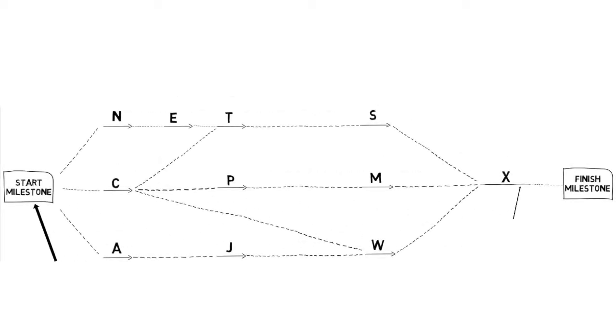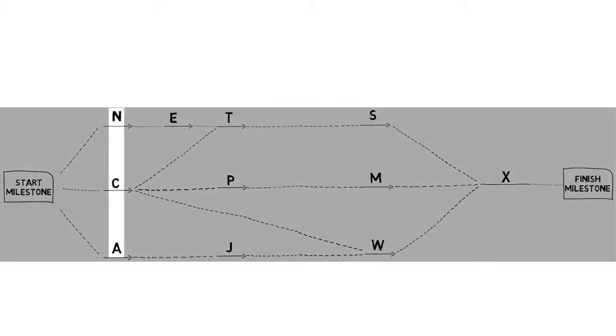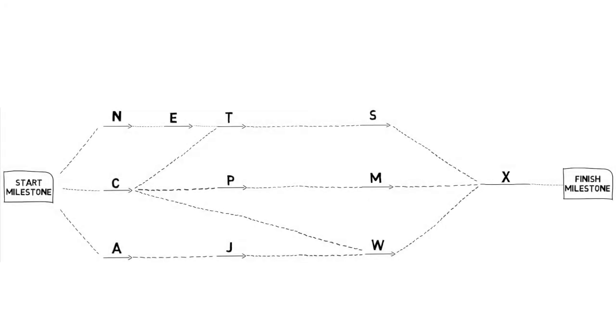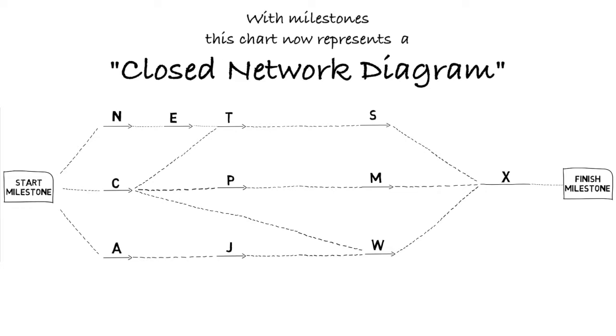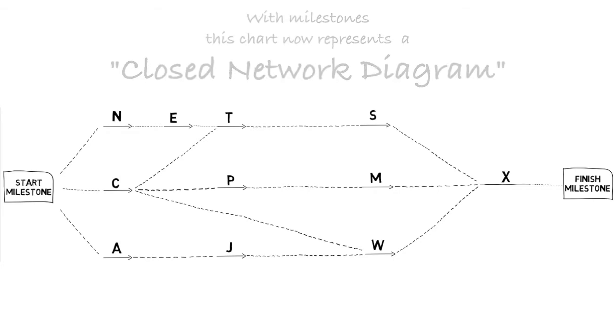In our not to scale diagram here, they will be represented as boxes on either end. The start milestone is placed before the letters C, N, and A, and the finish milestone is after the letter X. This makes the diagram a closed network diagram because there is only one beginning point and one ending point.